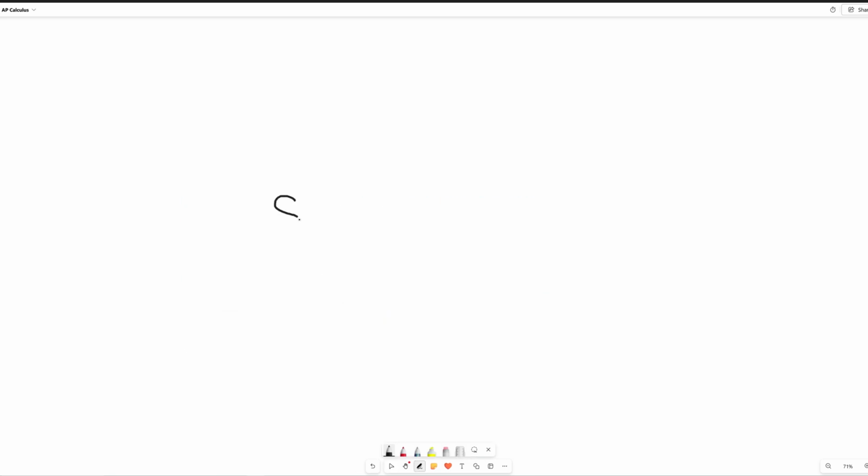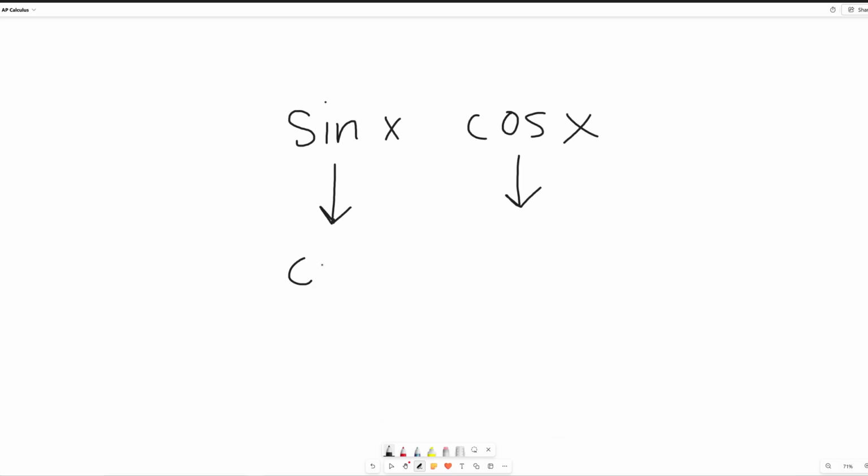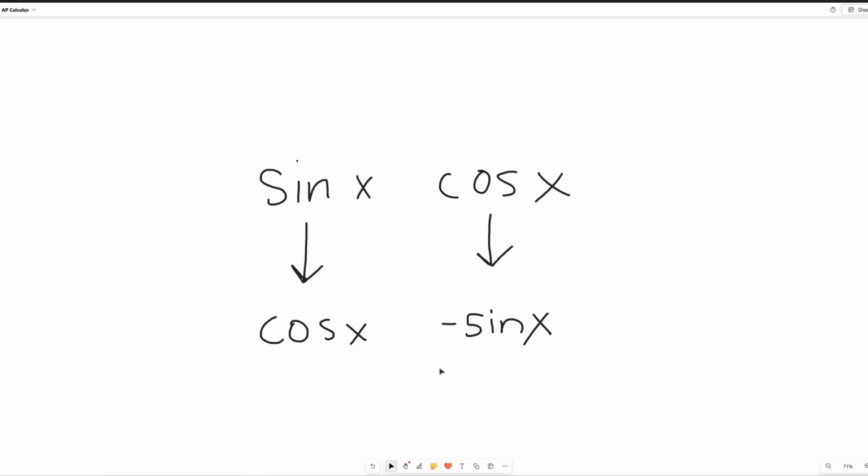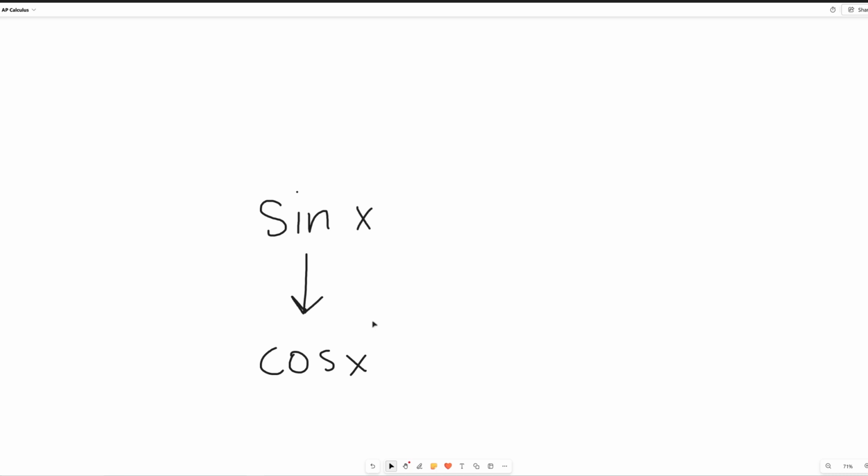Next, we're going to look at sine of x and cosine of x. Not cosecant of x, cosine of x. So, these you just have to memorize. Derivative of sine of x, cosine of x. Derivative of cosine of x, negative sine of x. Alright, pretty simple. Again, works with the chain rule.